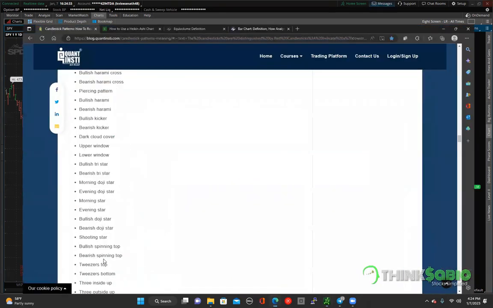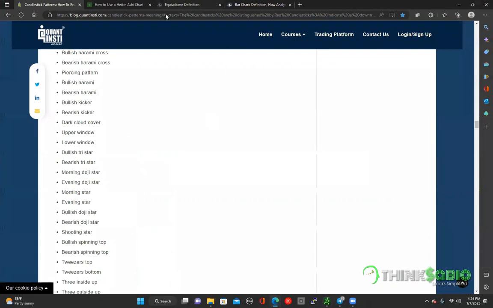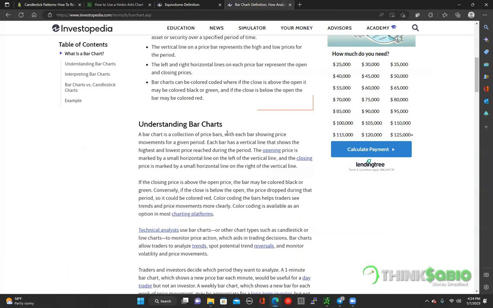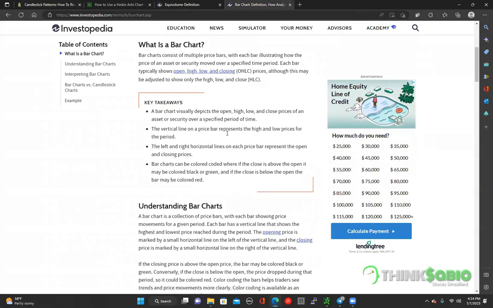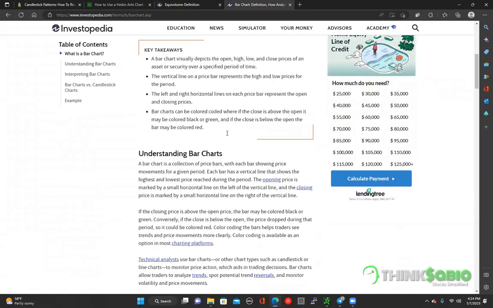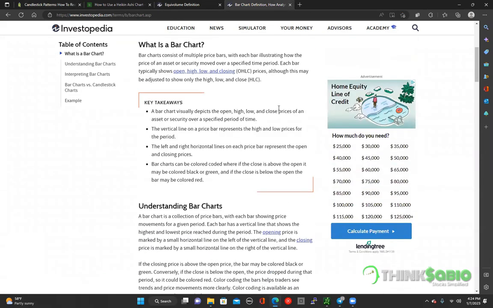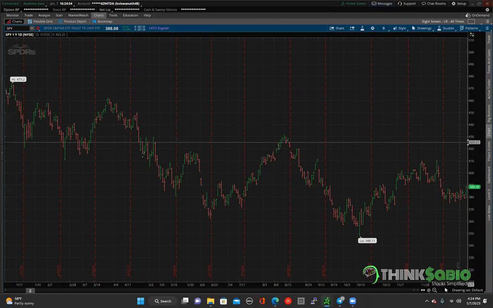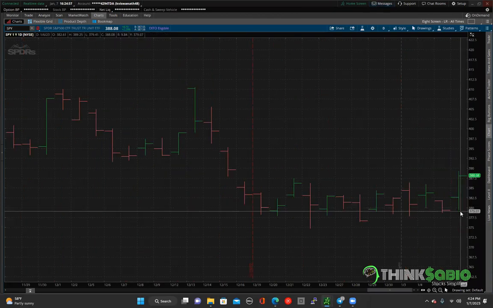And I also have one article, which basically explains a bar chart. And it's basically the same. You have the open, high, low, close, and the bar chart shows you the same thing.